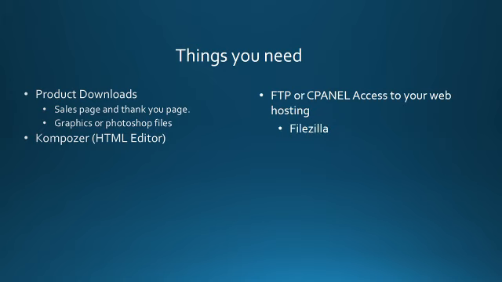Now, in order to connect your web hosting system, you can either do it via cPanel, which is what most web hosting companies use. And if that's the case, we will show you how to do that. And if that's not the case, and they're using something like a proprietary system, we will want to use FileZilla, and I'll show you how to use that in that particular video as well. And then of course, you're definitely going to need to have a PayPal account.